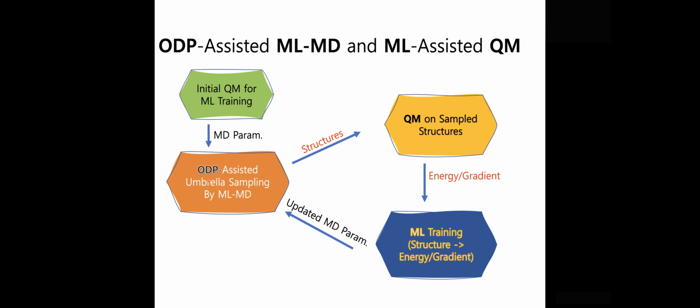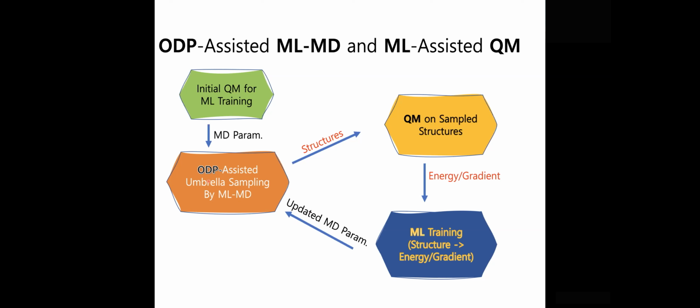Not indefinitely, by the way. We have to stop somewhere, right? So we have to figure out where to stop. We propose dual validation here. Your ODP-assisted umbrella sampling will generate the free energy surface because you perform molecular dynamics simulations.